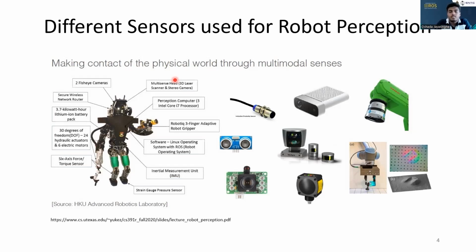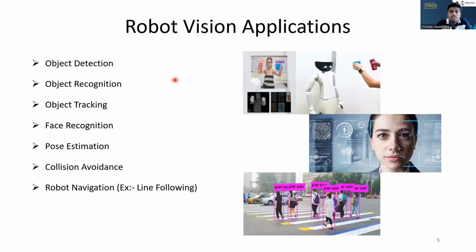And perception does not just mean obtaining the sensory input data. There will be some algorithms running on top of that data to actually perceive the environment well. Because if you take a camera type of sensor, it will give us a video stream, right? But the raw video stream does not make much sense to a robotic application.